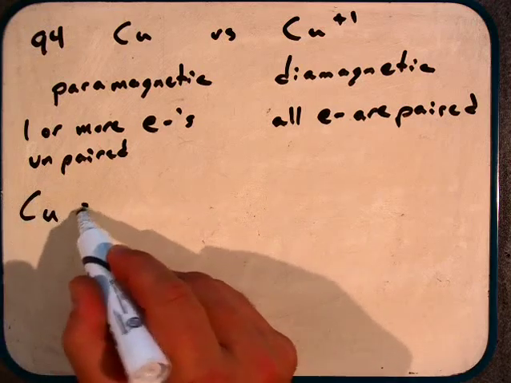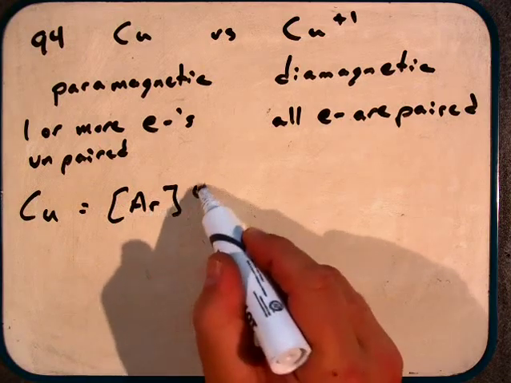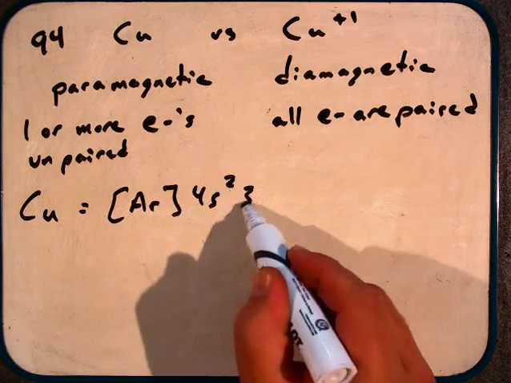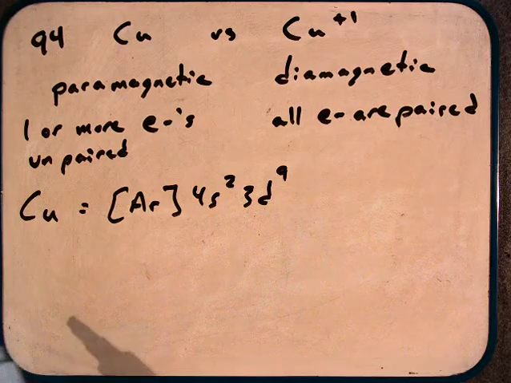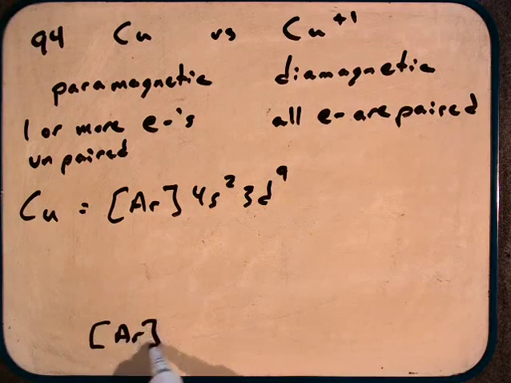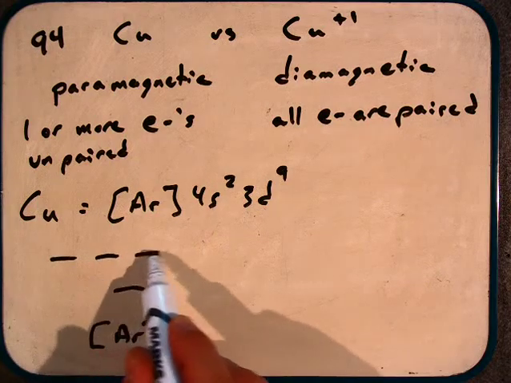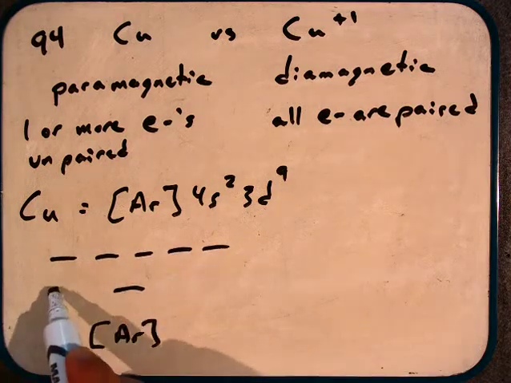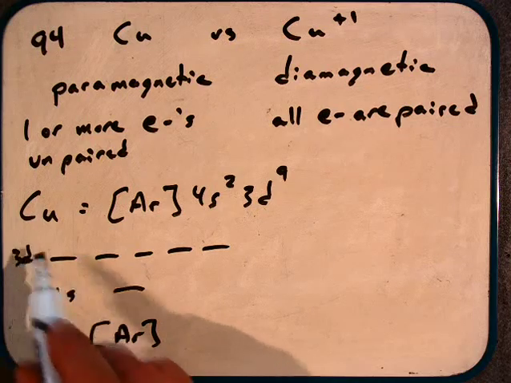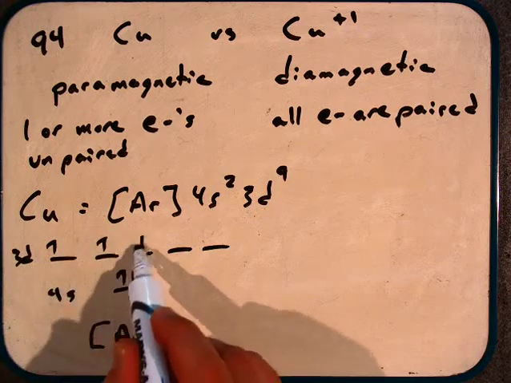copper neutral. Copper has the same electronic configuration as argon, and if we were just to look at the periodic table, we see we have this type of configuration. If we were to draw that out as orbitals, we have our 4s and our 3d, and we would fill these guys in appropriately.